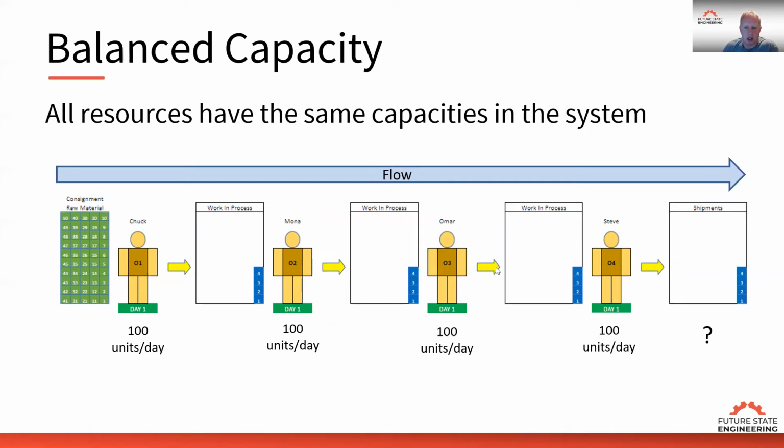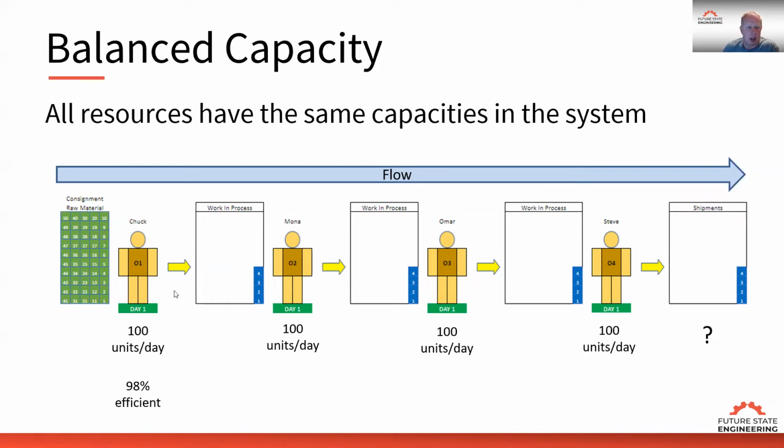Because we also have variation in the process. In any system, we have dependencies, where resource 2 is dependent on resource 1, and each resource has a dependency in the system, but we also have variability. Every process has variability.